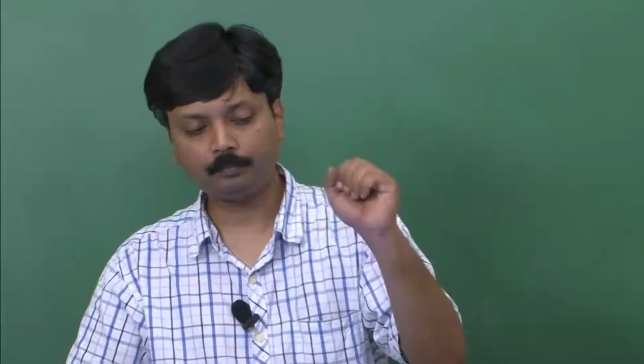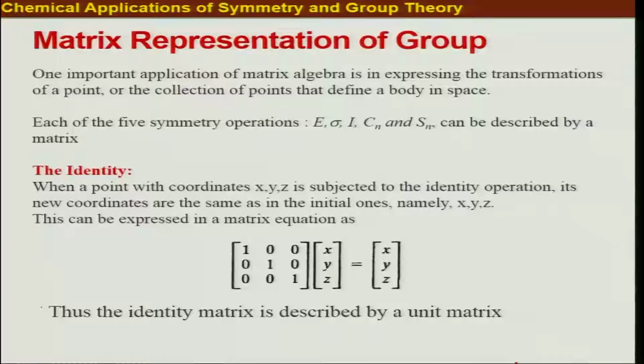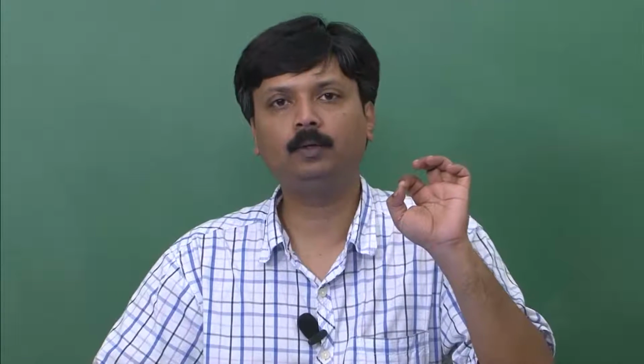So let's get started. First, how to form a representation of any given symmetry operation. Now, one important application of matrix algebra is in expressing the transformation of any given point or a collection of points. Okay, so it can be a single point as well as a collection of points which defines a body in space.